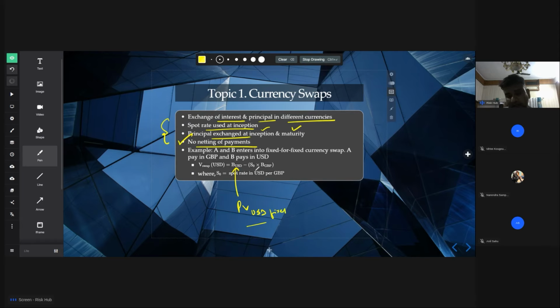This part is a converted pay leg. B pays in USD, so PV of USD fixed. This is the present value of B's fixed USD coupons.